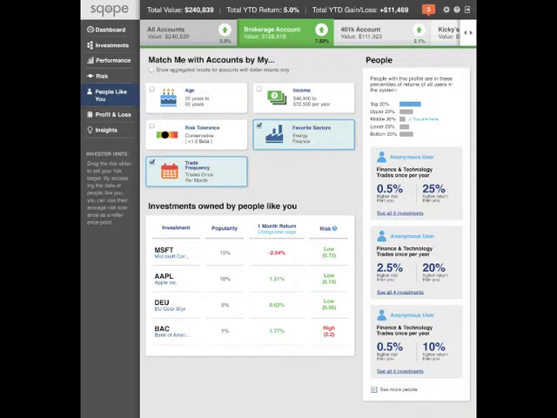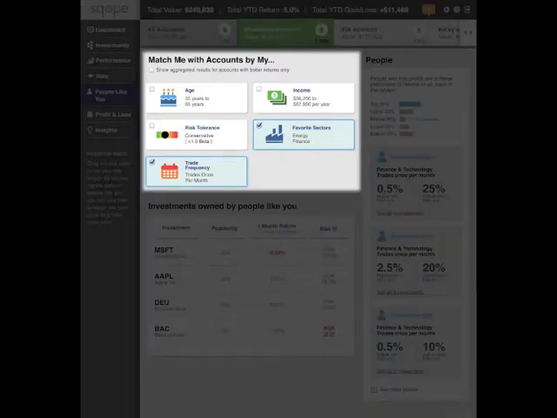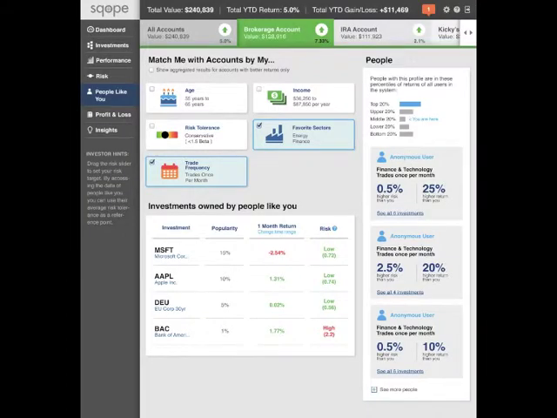They're able to benchmark themselves against investors that are similar within the same broker. They can select different criteria up in the left-hand corner of the screen, utilizing age and income, for example, favorite sectors, and trade frequency, to define who they are.